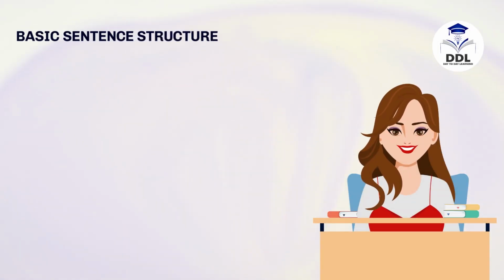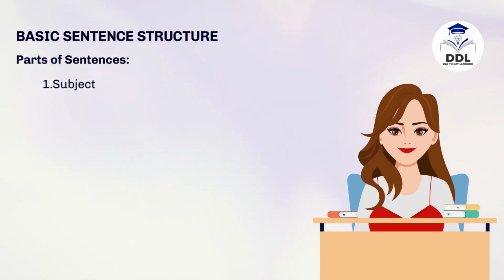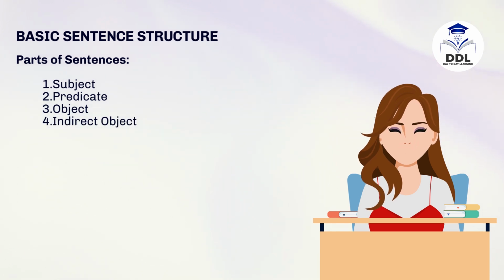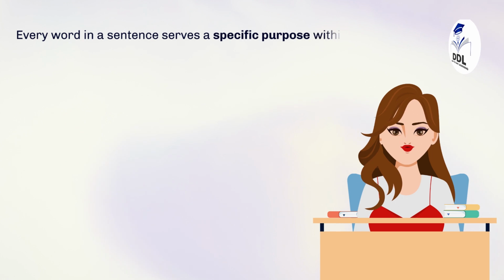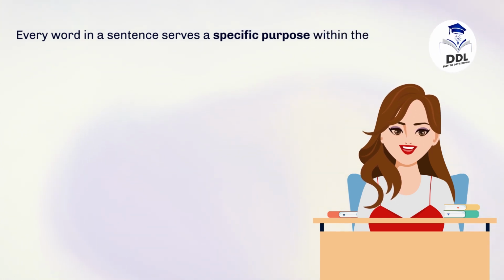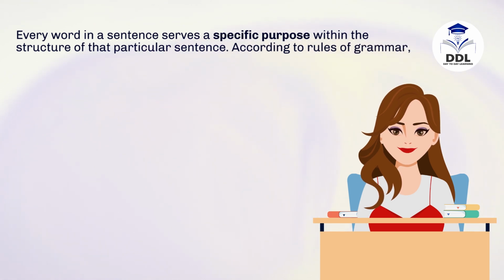Basic sentence structure. Parts of sentences: subject, predicate, object, indirect object, complement. Every word in a sentence serves a specific purpose within the structure of that particular sentence.